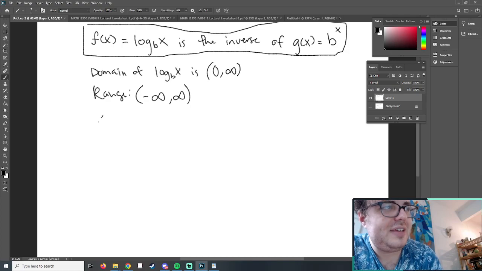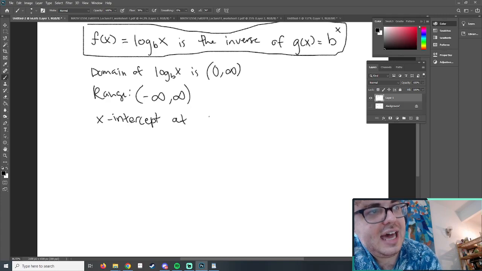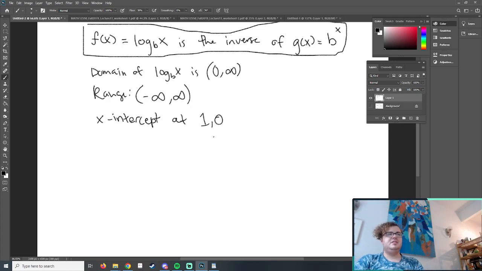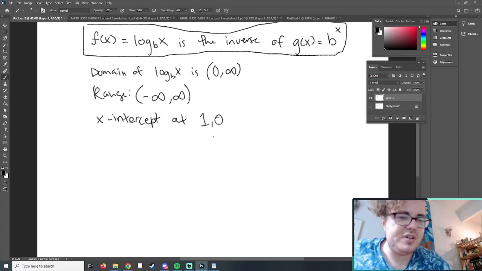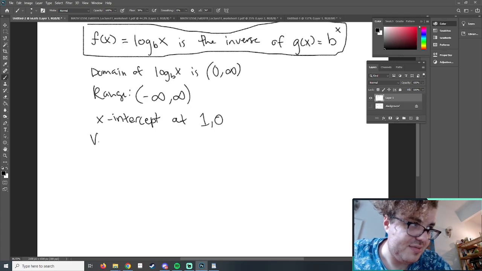We always have an x-intercept at (1, 0). Oh, and we always have a vertical asymptote. There was a horizontal asymptote on the exponential, so we always have a vertical asymptote at the value x equals 0.